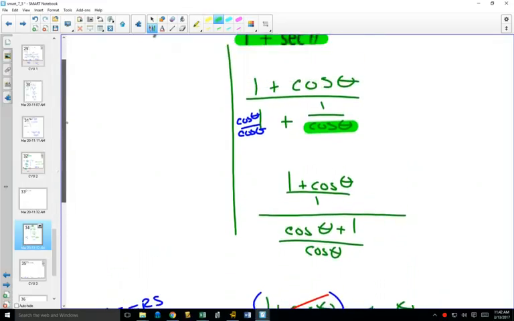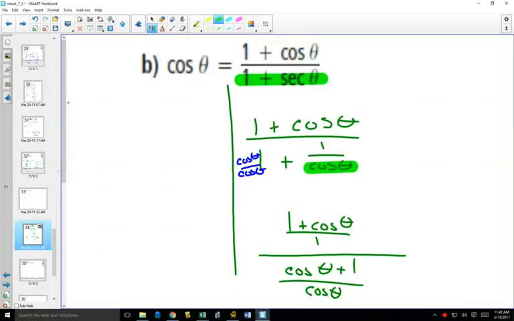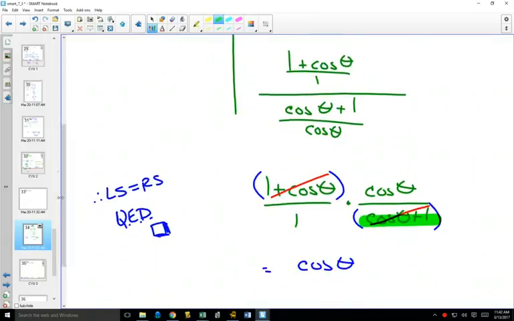Because those will all be non-permissible values. Solving 1 plus secant theta, if you change things to sine and cos, is going to be similar to solving cos theta plus 1 equals 0.